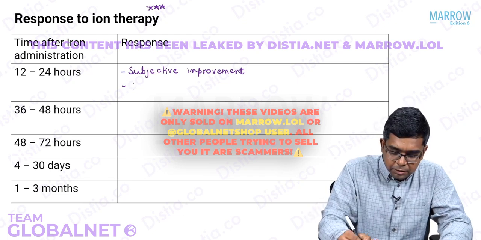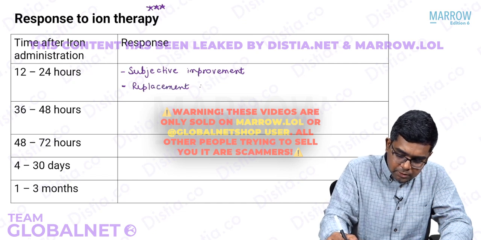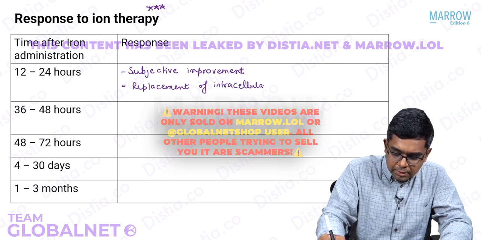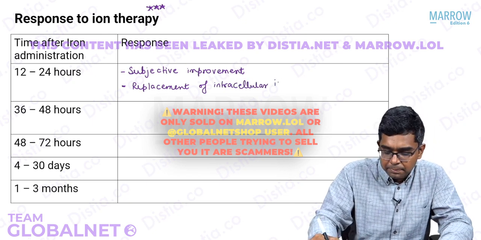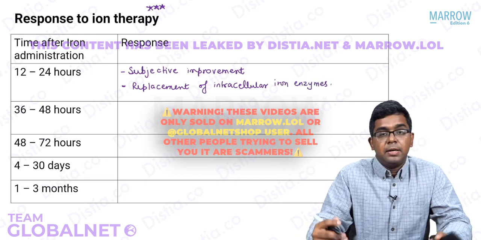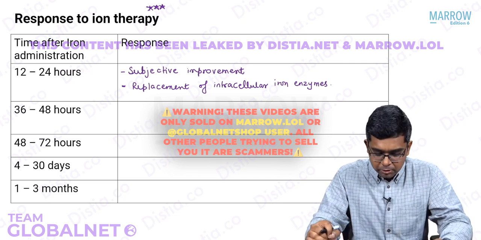Next is replacement of intracellular iron enzymes. Okay, there are certain enzymes inside the cell which are dependent on the iron. They will be replaced or replenished. That is the next response which we need to know about.